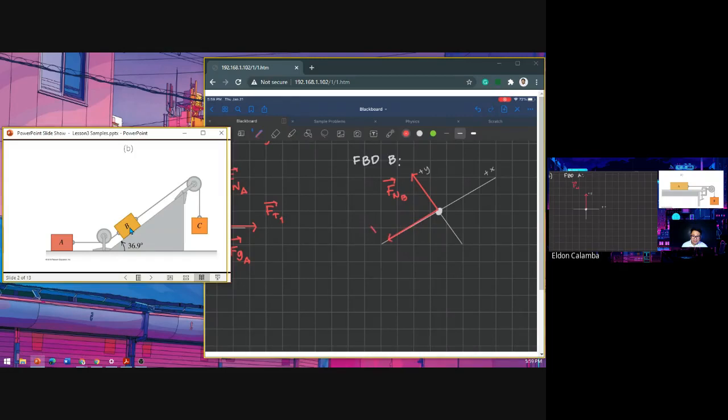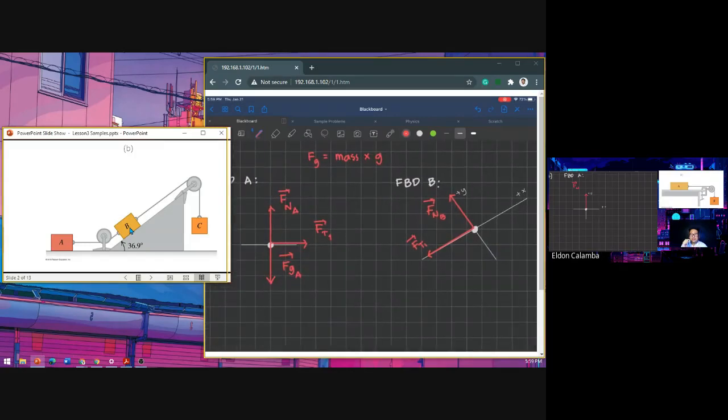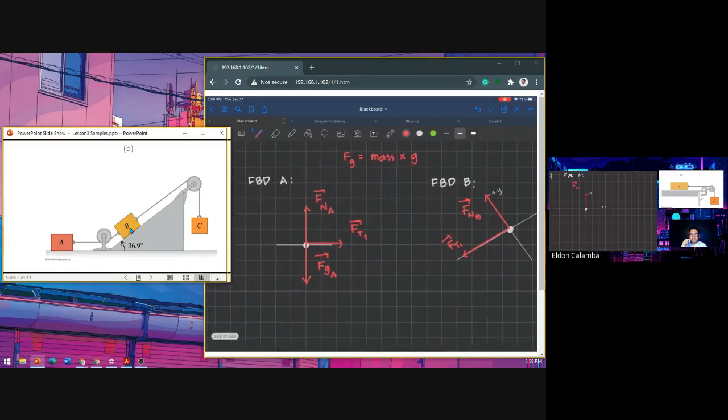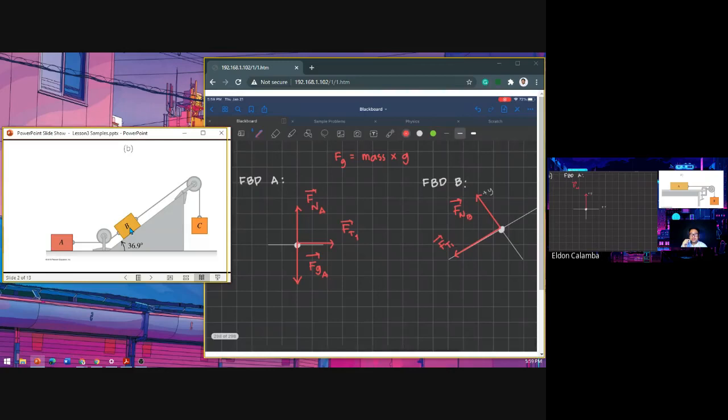You have Ft1. Bakit ko siya sinabing Ft1? Na same lagi ng Ft1 dyan sa kay A. Same sila na Ft1 because they are just connected by same string lang. Kung same string lang yan siya, same lang yan sila ng tension by magnitude. Ang tension, if let's say for example, ang tension ni Ft1 sa FBD ni A is 10 newtons.